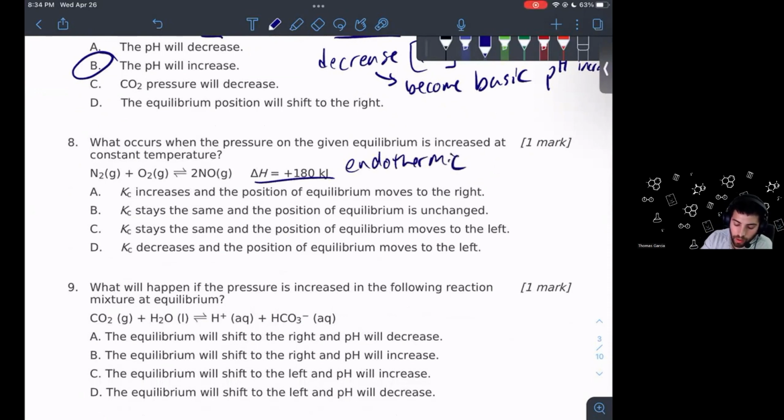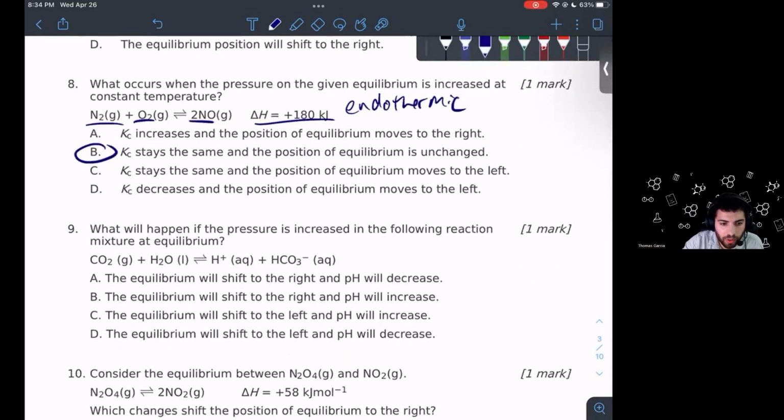And so with this endothermic reaction, when the pressure is increased, well, what happens with pressure? We have 2 moles of gas here, 2 moles of gas here. Turns out, because we have the same amount of moles on both sides, pressure isn't going to change anything. Kc should stay the same. The position will be unchanged.